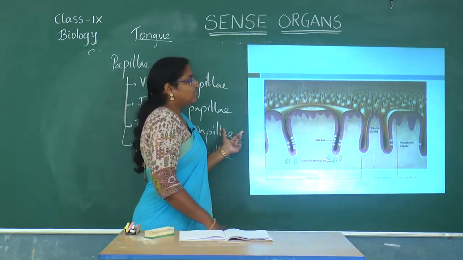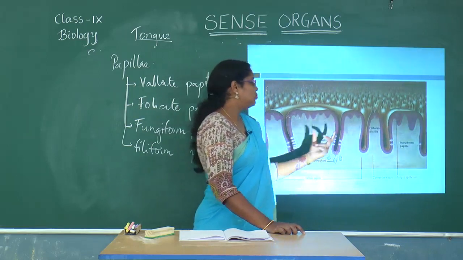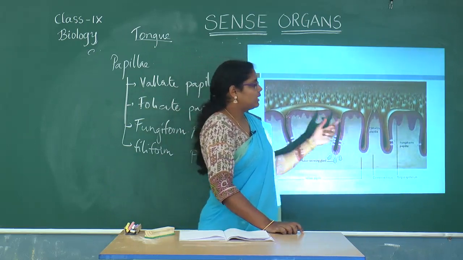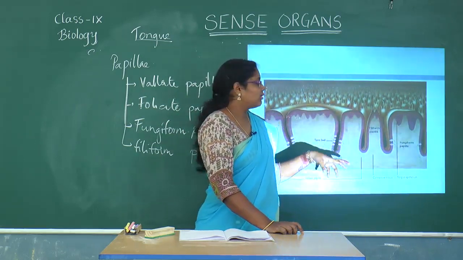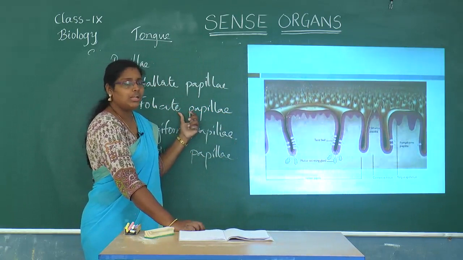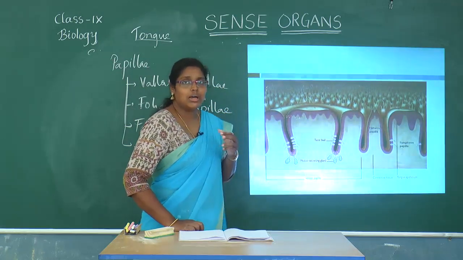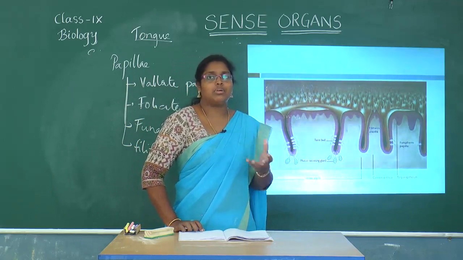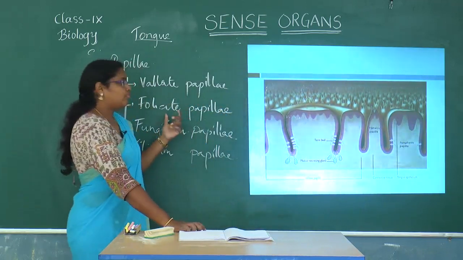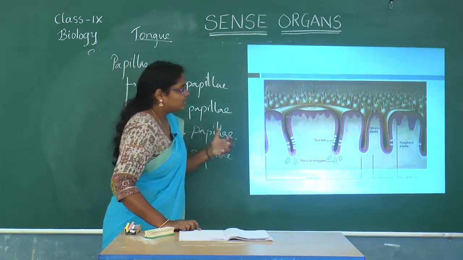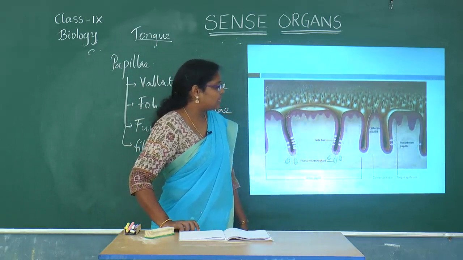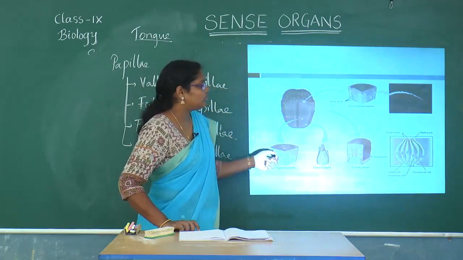Fungiform papillae are round but smaller when compared to the vallate papillae. Vallate are much broader, fungiform is comparatively a little smaller, and filiform are flake-like structures. Coming to foliate papillae, present at the sides of the tongue, they give a bumping outward appearance, and they have the receptors which sense the taste of the food.